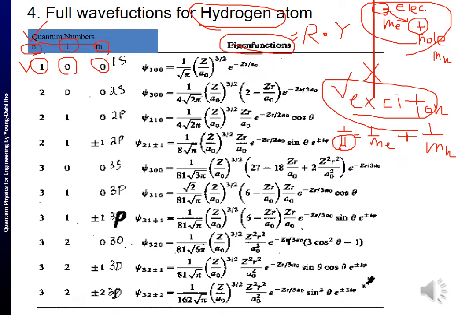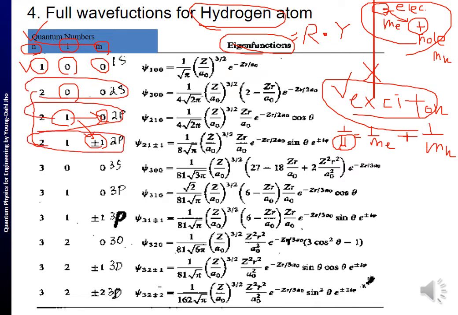And when N is 2, L could be 0 or 1. When L is 1, M could be 0 or plus minus 1. So you can see that there are 1, 2, 3, 4 different states. Okay. When N is 3, L could be 0, L could be 1, L could be 2.